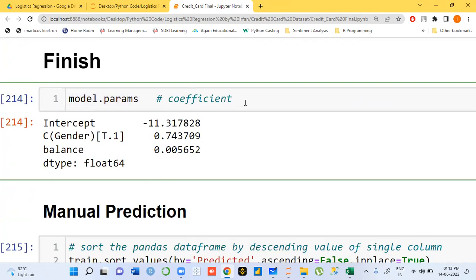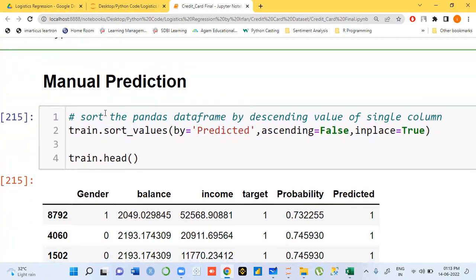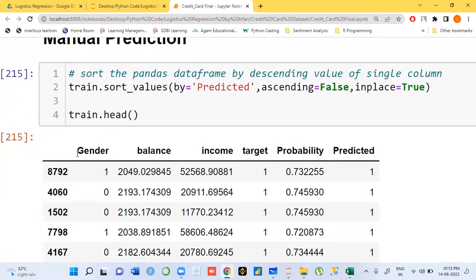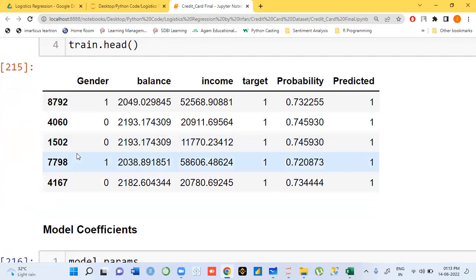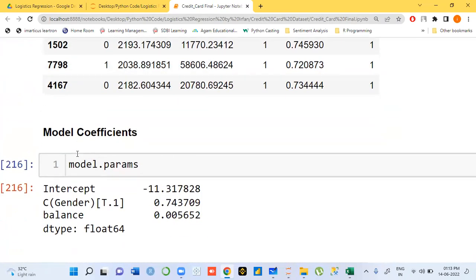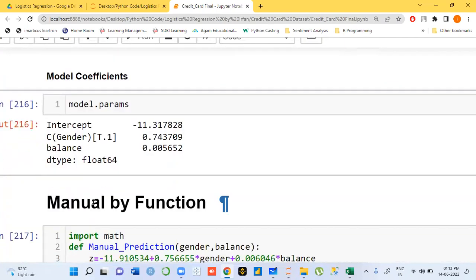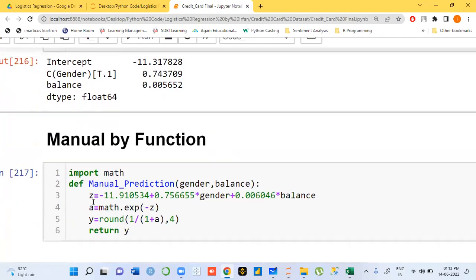Clear? Now, I have made a small function for you. I just took the train data. Now, I'll teach you how the prediction happens. These are the coefficients of the model. A function by manual, how it predicts.